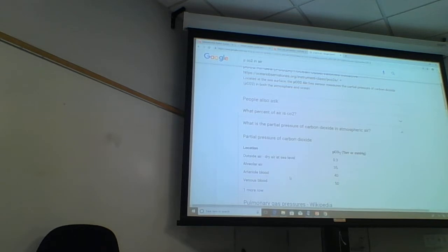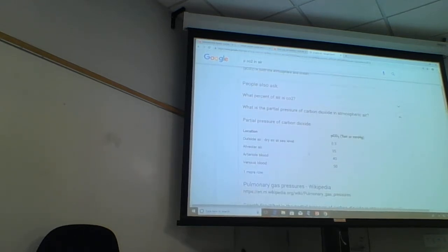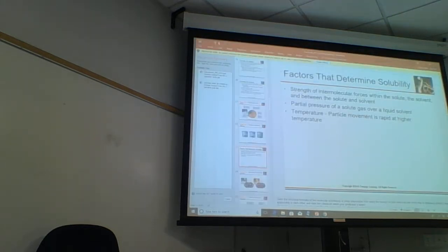And so when we go from 1 atmosphere to 0.03, we make a huge difference in solubility.